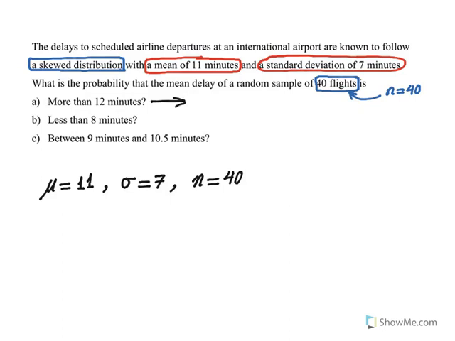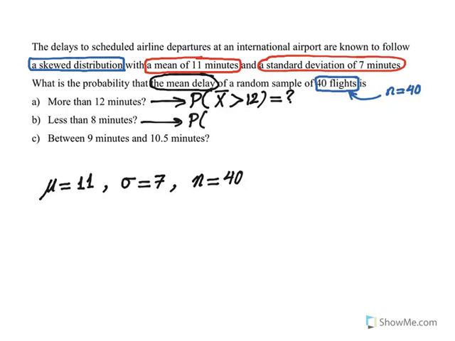The first one here, it asks you what's the probability that, look at what it is, the mean delay, this is x bar, of course. X bar is more than 12 minutes. It's asking what is the probability that the mean delay of the flights is more than 12 minutes for 40 flights.